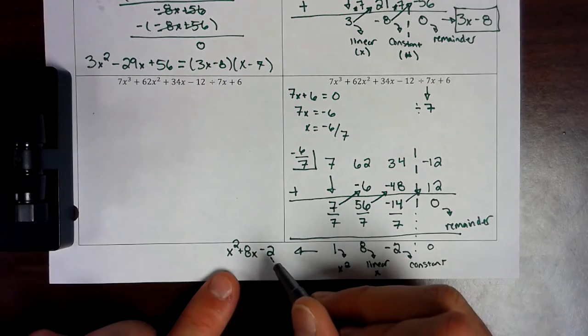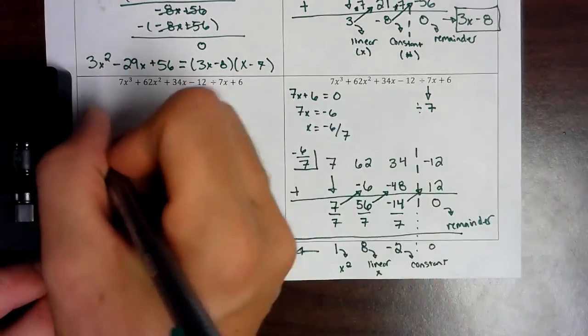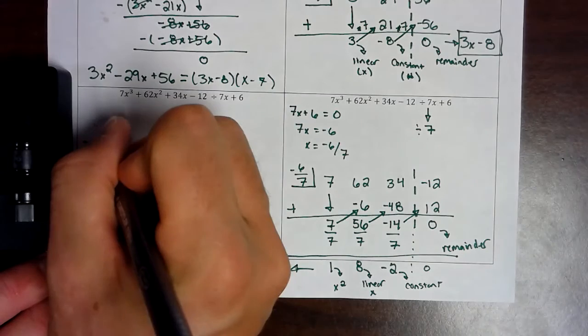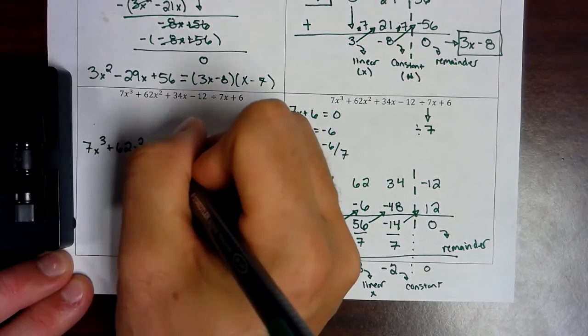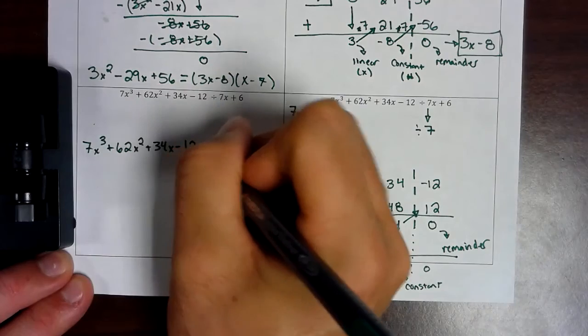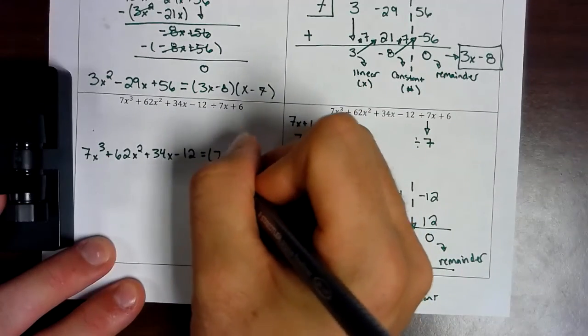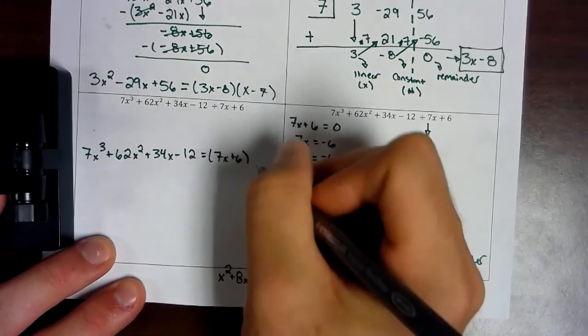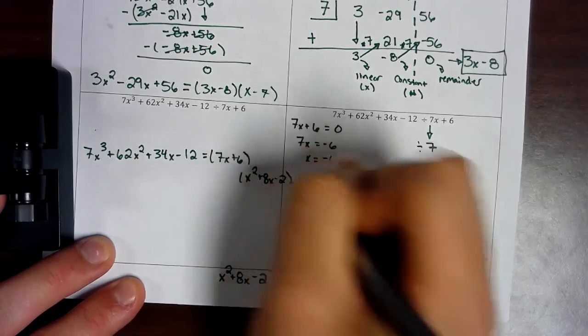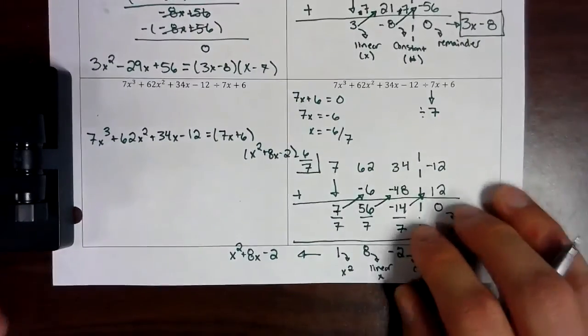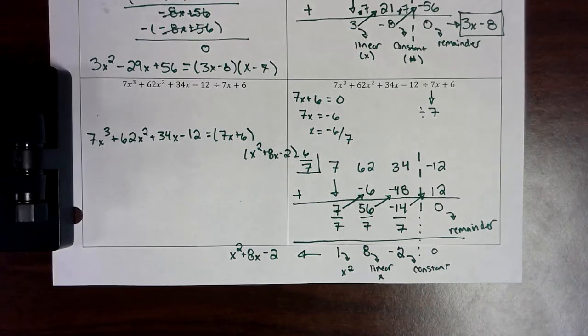And so once again, what we've done is we've taken this whole cubic, 7x cubed plus 62x squared plus 34x minus 12, and we have factored it to be 7x plus 6 times x squared plus 8x minus 2, which is really, really powerful and helpful for us to solve, which we're going to do down the road.